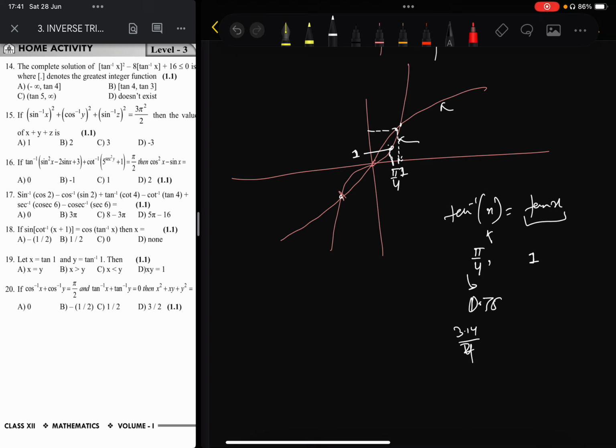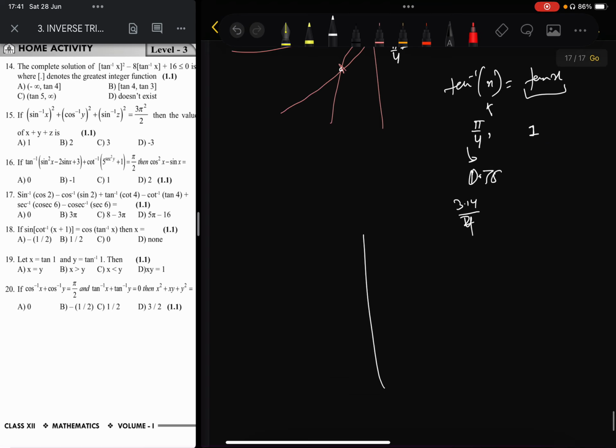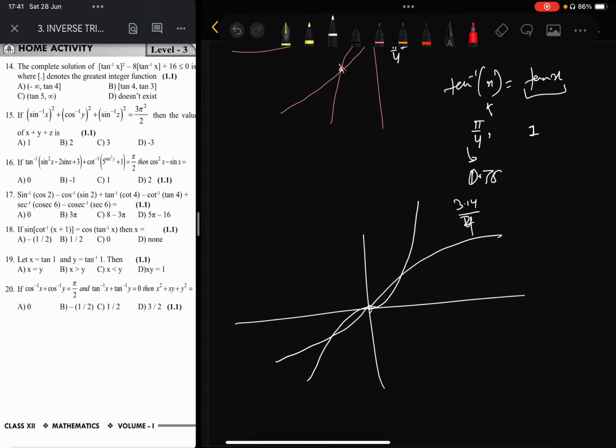They will intersect here, this graph and this graph, right? So I think this is pi by 4 and this is 1, right? For this point, this graph is above this graph, right?